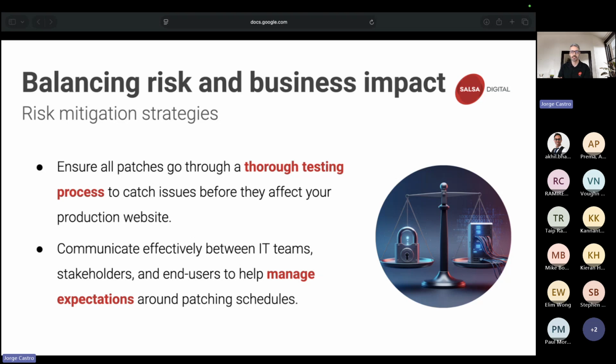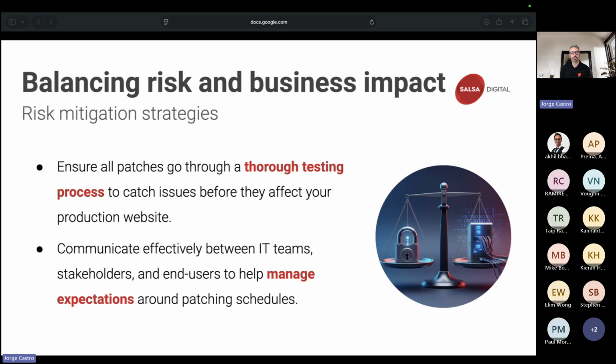Testing in a staging environment catches the issues early, so don't let the patches affect your website in a negative way. Skipping this step can really be one of the biggest causes of problems and unplanned outages as well. As I said, recent companies have been on the news because of maybe a lack of patching, or testing, I should say. Do as much testing as you possibly can, if you can afford it and if you have the time.